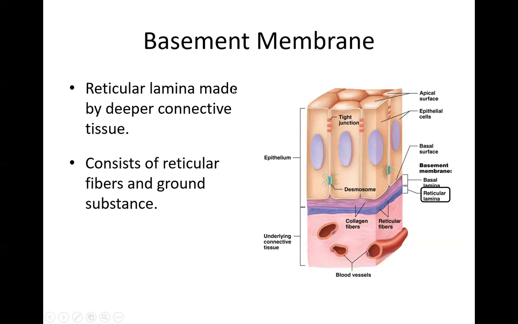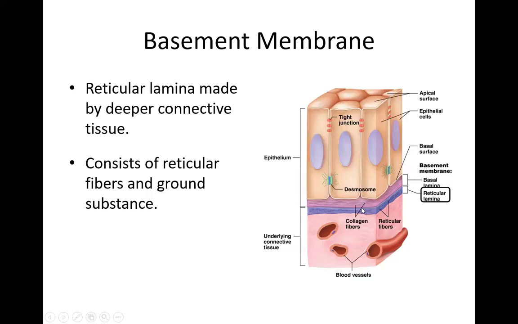So the reticular lamina is made by deeper connective tissue, and it consists of reticular fibers and ground substance. You see, these are the reticular fibers and your ground substance.